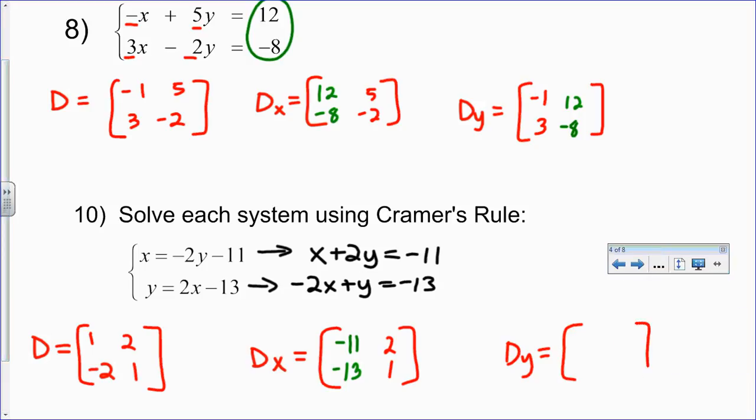You're replacing y, so x stays the same as D. And then you'll replace the y column with -11, -13. Okay? All right. Now let's find their determinants.